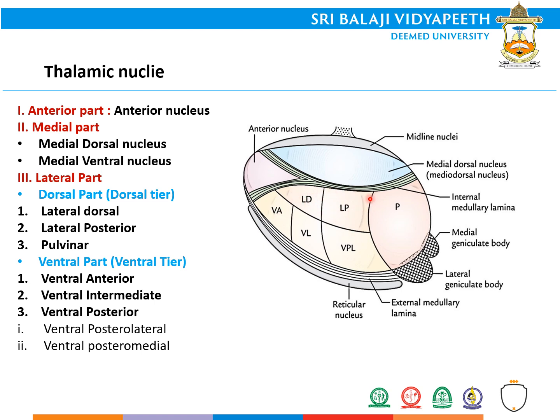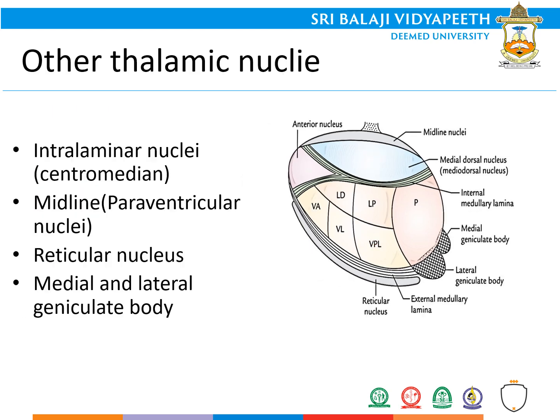The dorsal tier nuclei include the lateral dorsal, the lateral posterior and the pulvinar nucleus. And the ventral tier nuclei include the ventral anterior, the ventral intermediate and the ventral posterior. This ventral posterior is further divided into ventral posterolateral nucleus and ventroposteromedial nucleus.